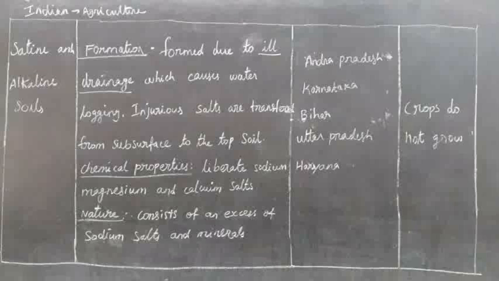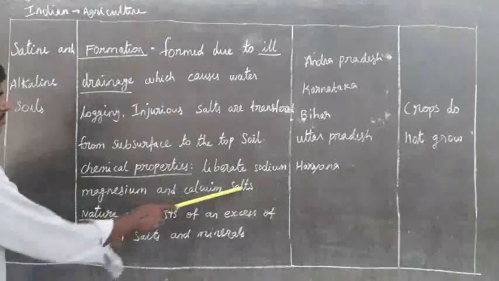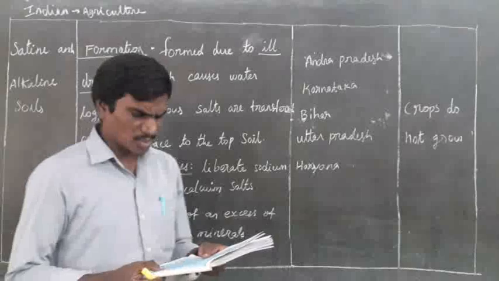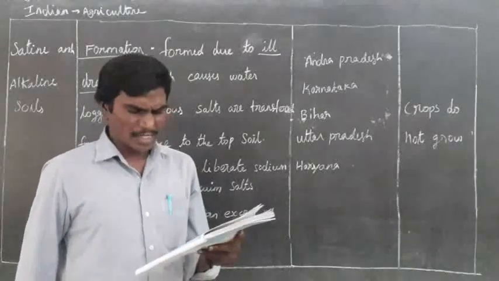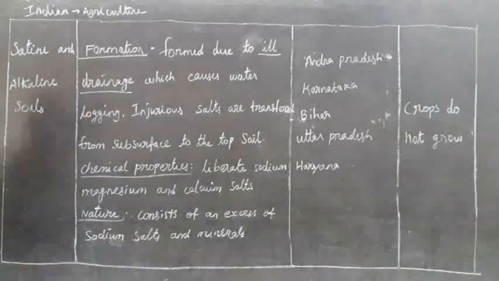The chemical properties of the saline and alkaline soils: they liberate sodium, magnesium and calcium salts and acid.